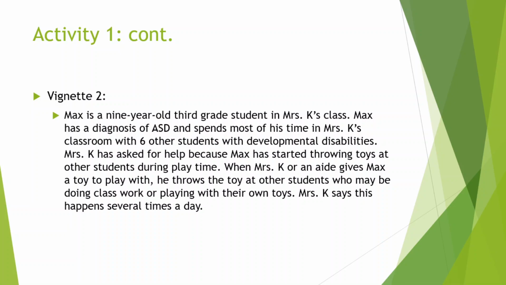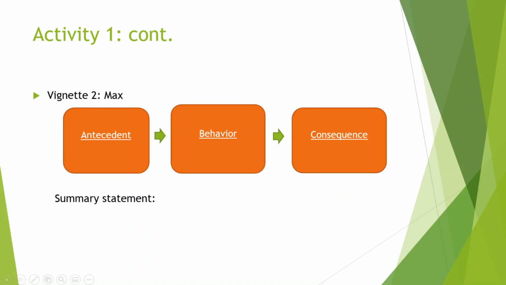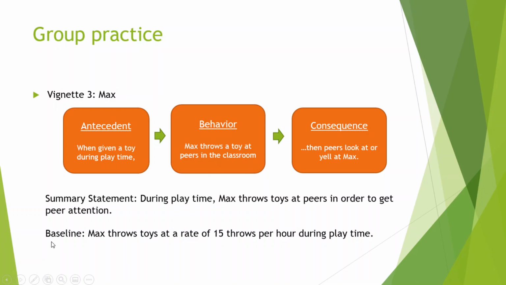So when you're going through your assignment, you'll first think about what is the antecedent, what is the behavior, and what is the consequence. Are you able to create a summary statement of what is occurring with Max? So, for example, when given a toy during playtime, Max throws the toy at peers in the classroom.